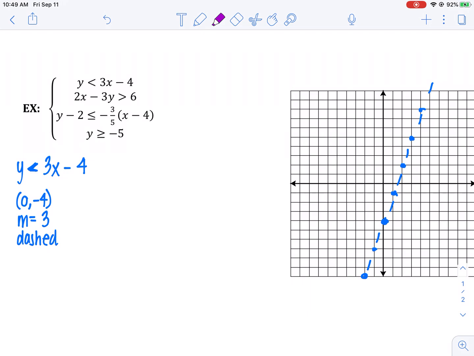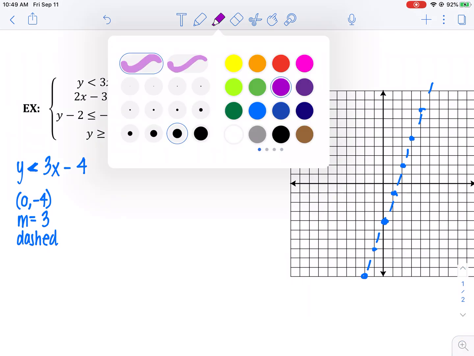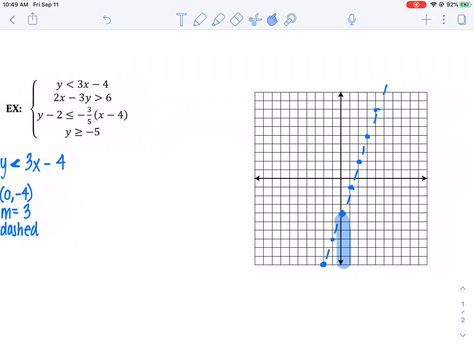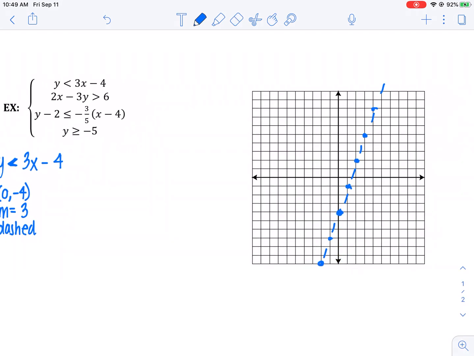Well, if it's less than that line, here are all the y values that are less than that line. All those y values fall into this area right here, which then becomes my solution area.